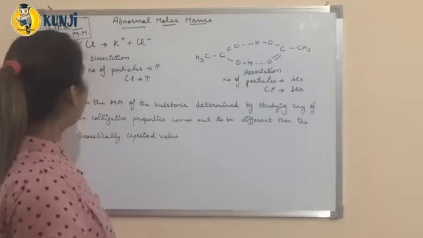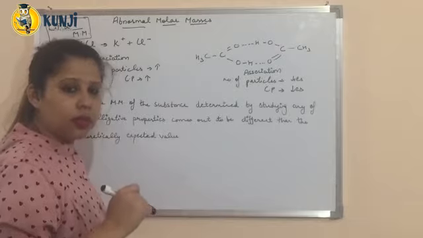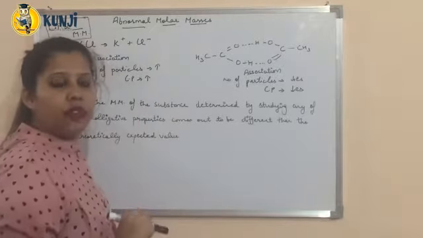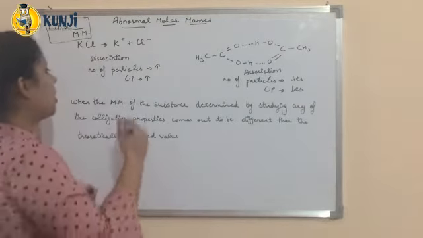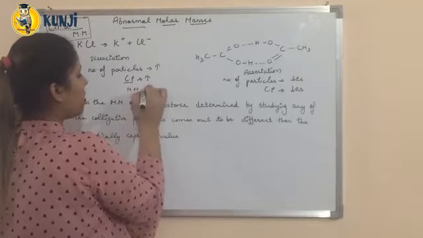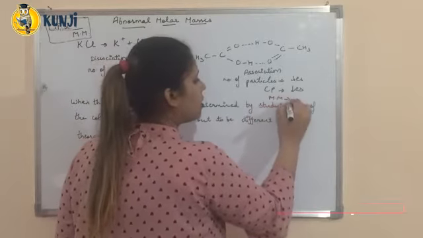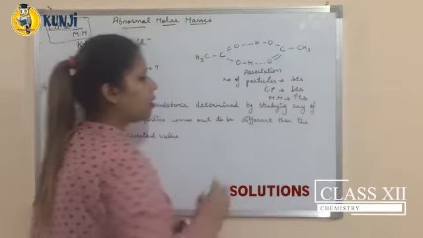Now the colligative properties were found to be inversely proportional to the molecular masses, as derived from the formulas. So if colligative property increases, molecular mass decreases, and in the other case the molecular mass increases.